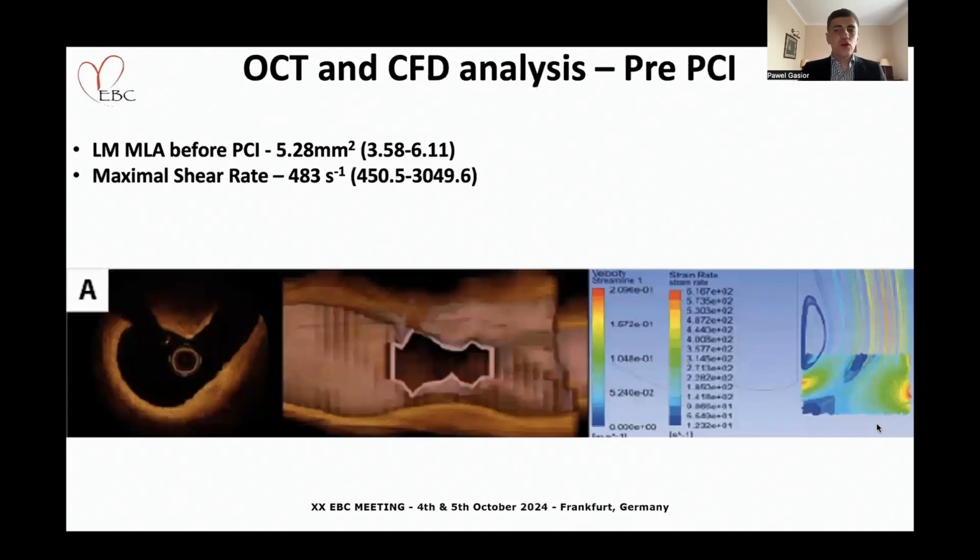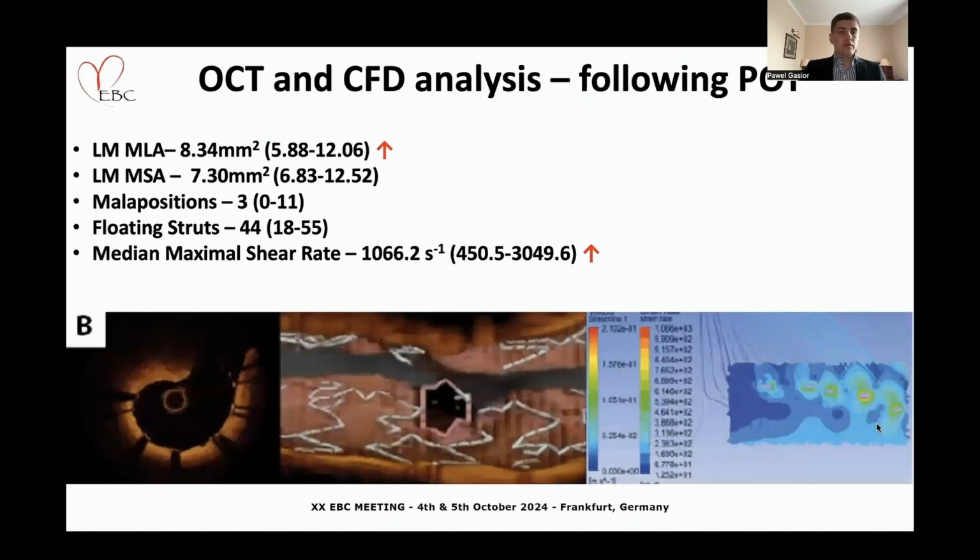And here I would like to present the representative results, representative images from our patients. So the mean left main MLA before PCI was 5.28 square millimeters, and the maximal shear rate was 483. And then after predilatation, implantation of the stent, and first POT, the left main MLA, of course, increased up to a median of 8.34 square millimeters.